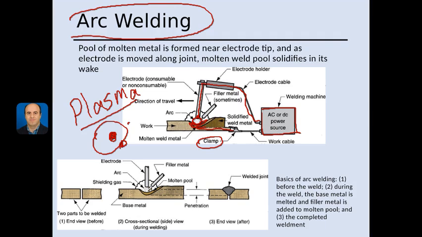Once you have free electrons in the air, the air becomes plasma. Plasma is the fourth state of matter. We have three familiar states of matter.